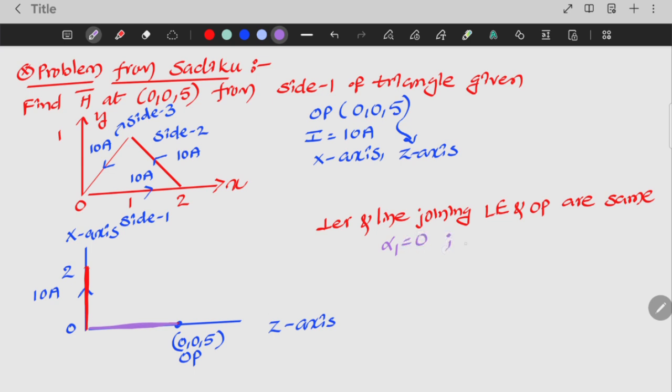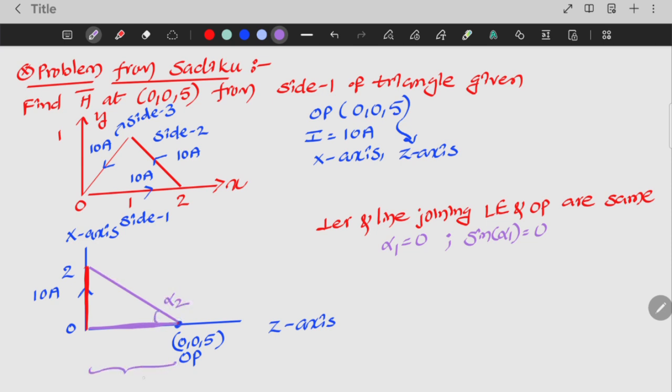Now because these two lines are the same, alpha 1 is 0. In the formula generally we are dealing with the sine functions, so sine alpha 1 is equal to 0. Directly we can write that. Then alpha 2 is the angle between the perpendicular and the line joining the observation point and the upper end of the conductor. This is alpha 2.